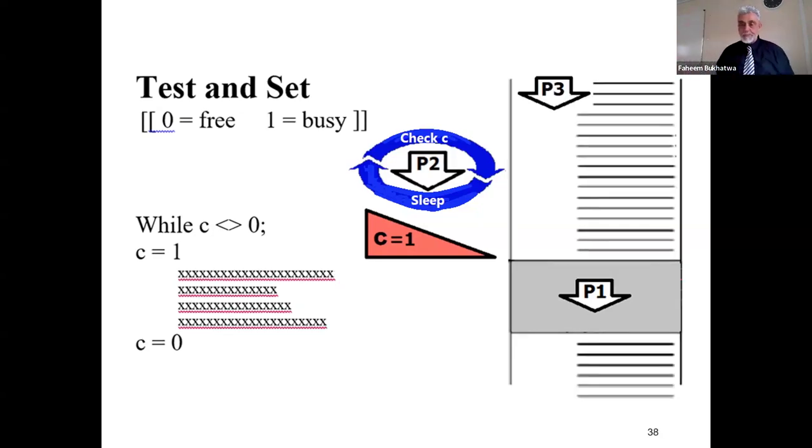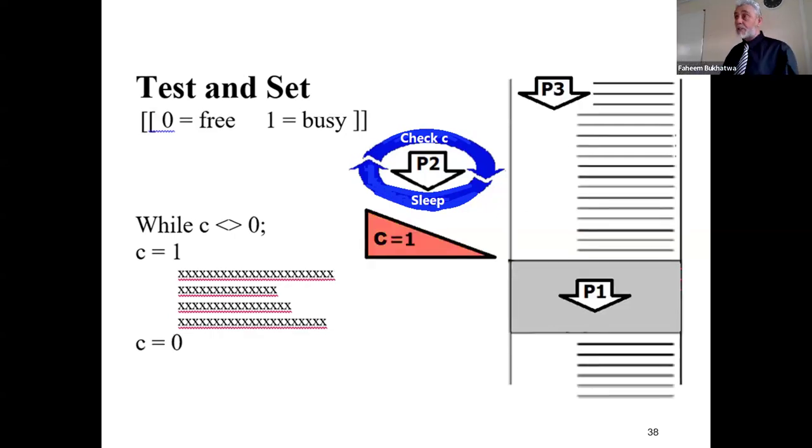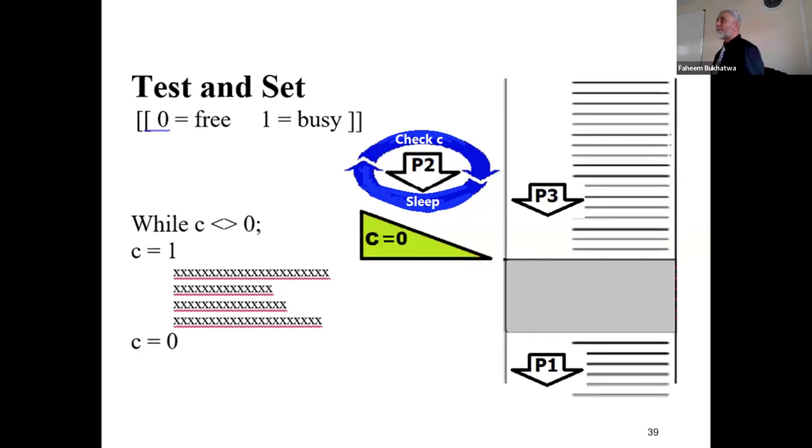Now another process comes in. Remember, process 1 is still in the critical section. Now process 3 arrives. What do you think it will do? Just before this moment, process number 2 just checked the flag. It said it's red. It went to sleep. The moment it went to sleep, process 1 left.